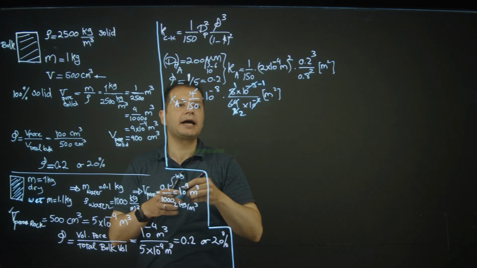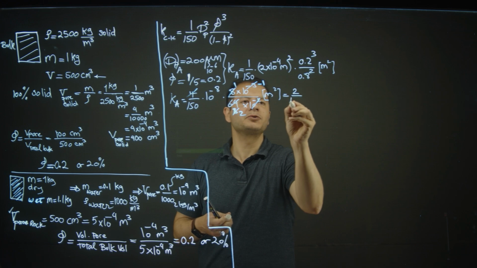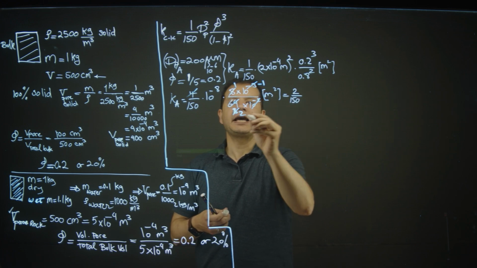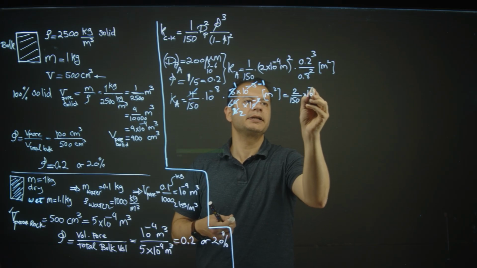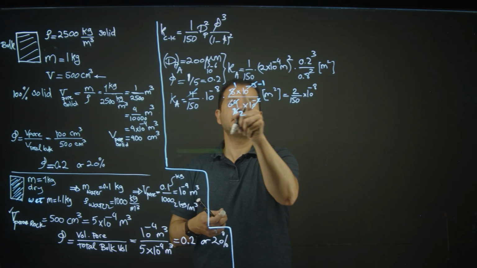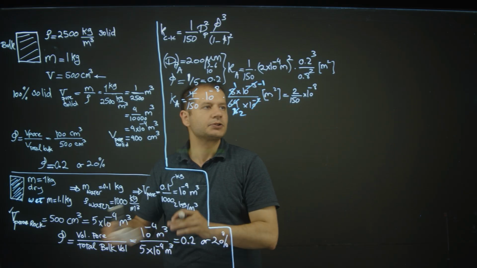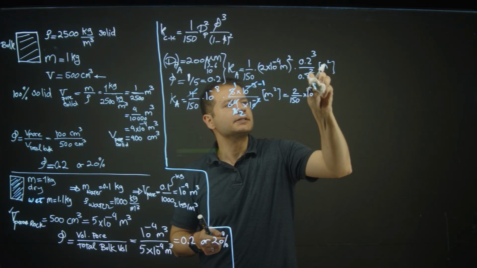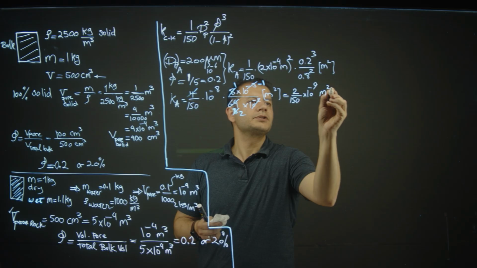It takes this out, so you get 2 divided by 150, I can't stop doing the math, and then I have 10 to the minus 8 here, times 10 to the minus 8, and then there is one negative sign in here, so it will be 10 to the minus 9 square meter.